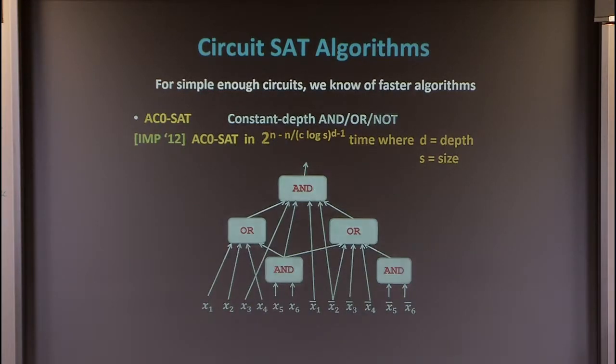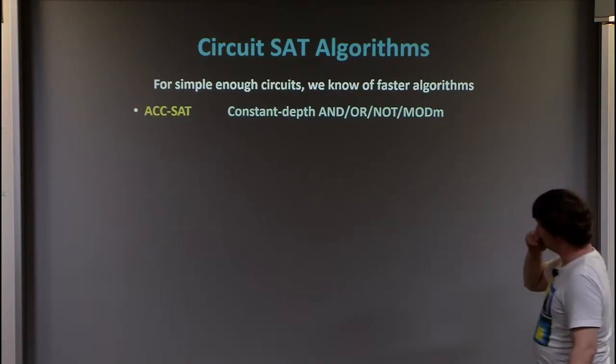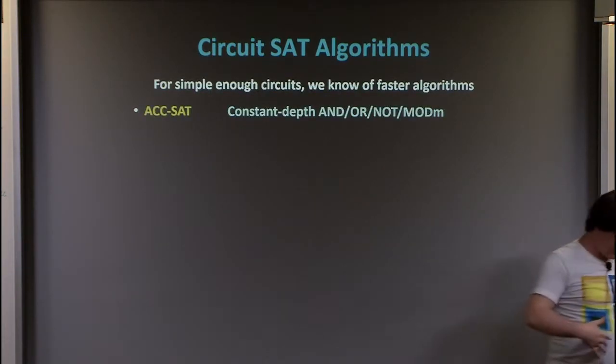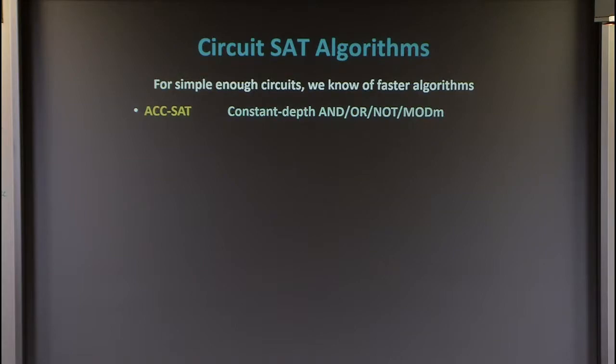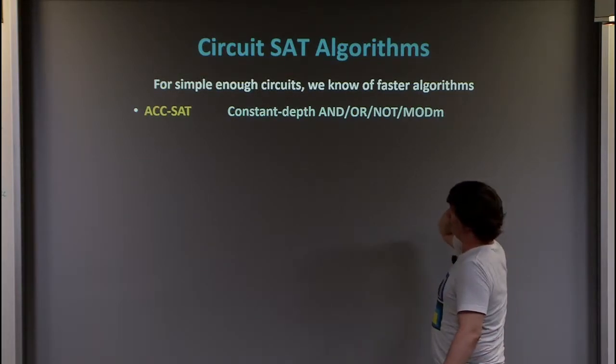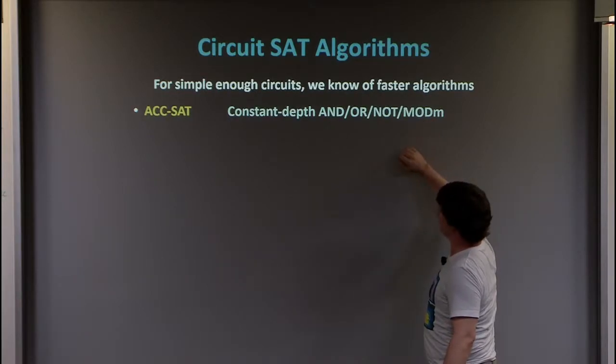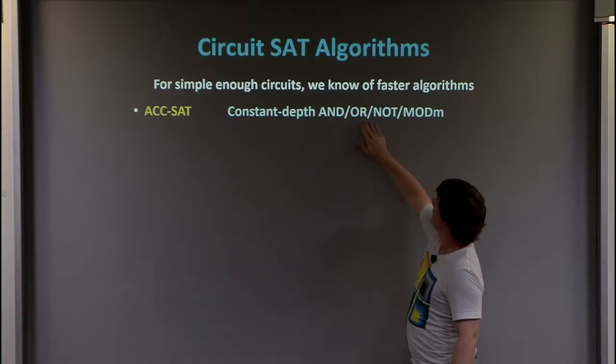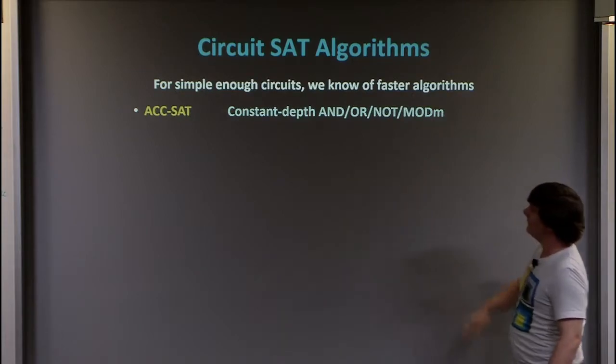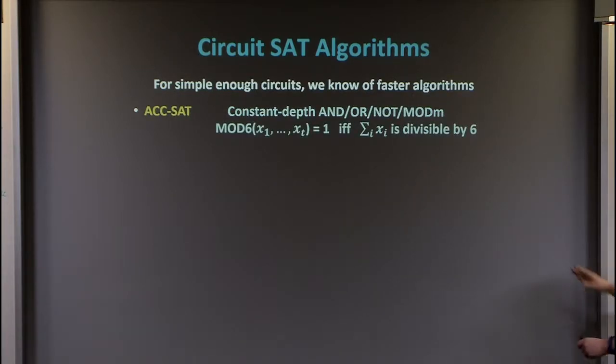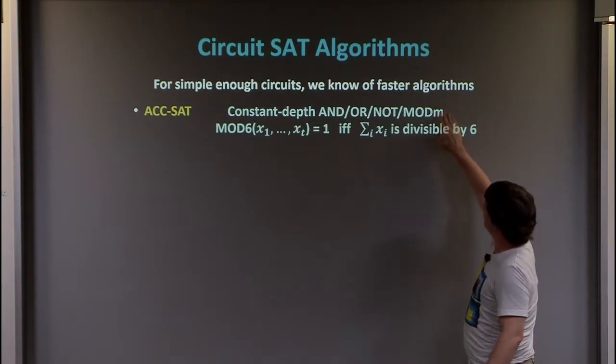All right. So there are even more expressive circuit classes one can look at. A very popular basis that people look at for constant depth circuits is AND, OR, NOT, and a funny MOD m gate. So just think of m as being some fixed integer.